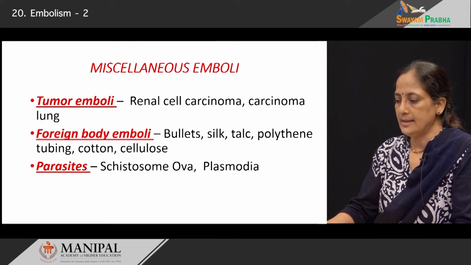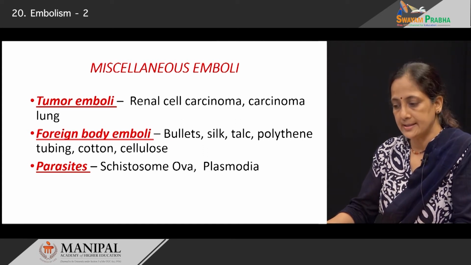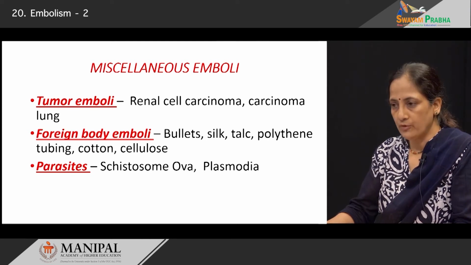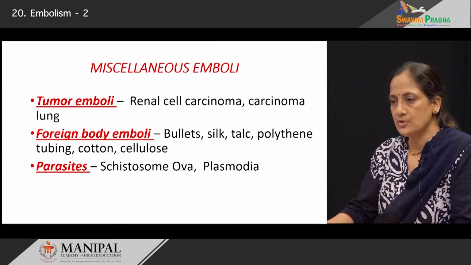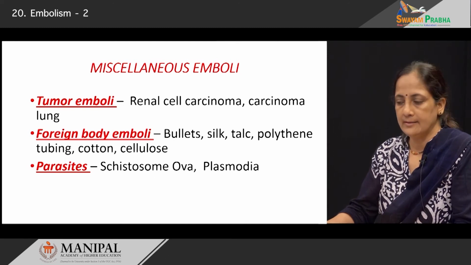Foreign body emboli are seen such as bullets, silk, talc, sometimes polythene tubing used in catheters, cotton fibers used to cleanse before venipuncture, cellulose. Parasites like schistosome ova and plasmodium are also known to cause emboli in the circulation.